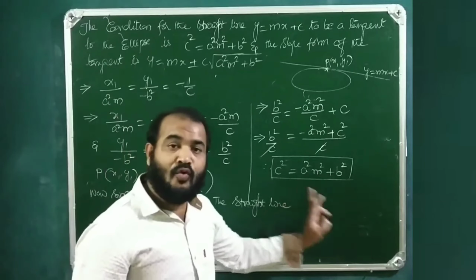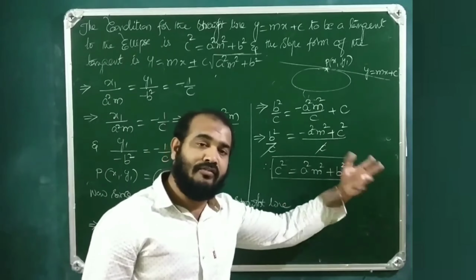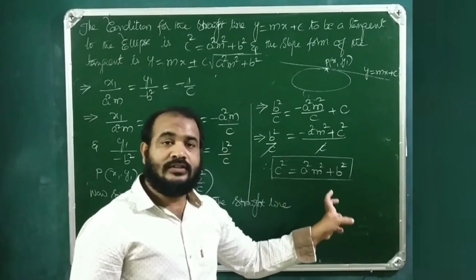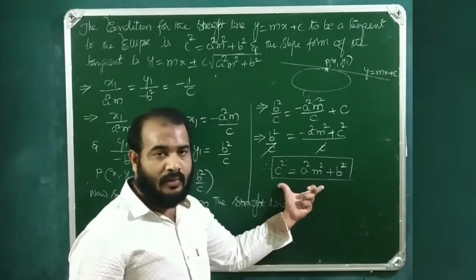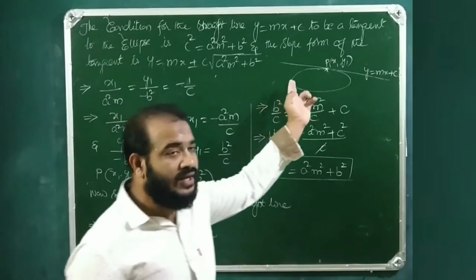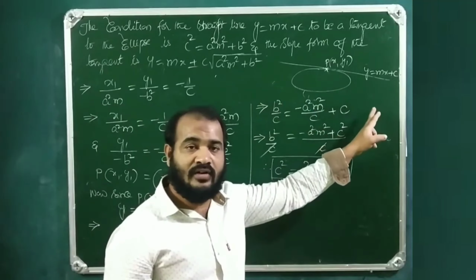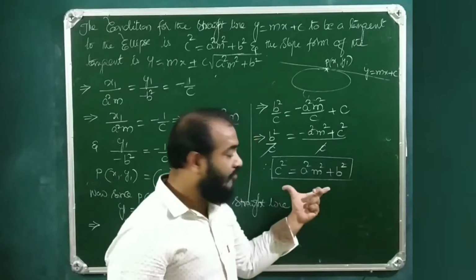So this is what we have proved before also. In the previous class, according to the concept of the discriminant b square minus 4ac equals to 0, we obtained this. According to the equation of the tangent at P(x1, y1), which is S1 equals to 0, we also got the same.